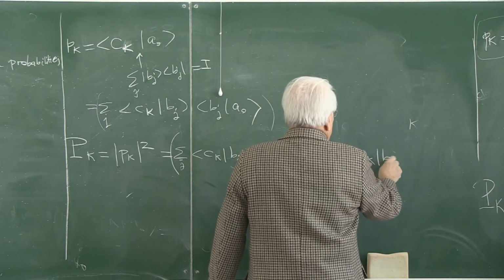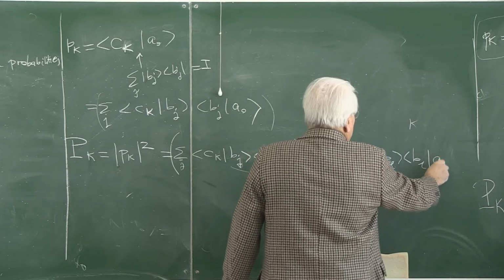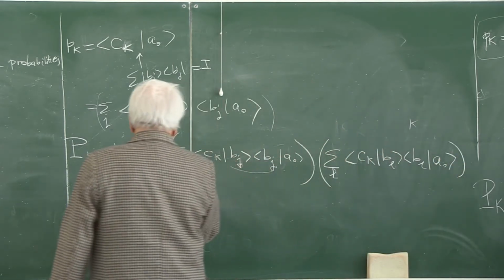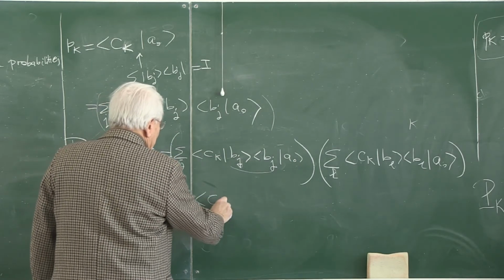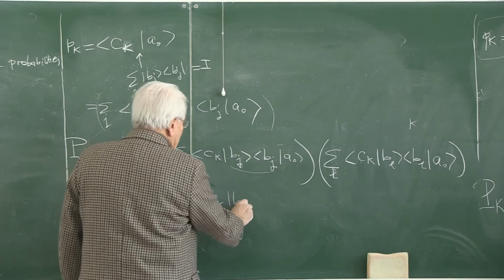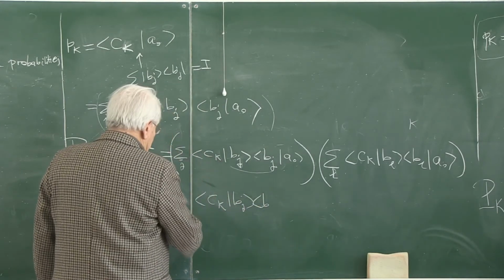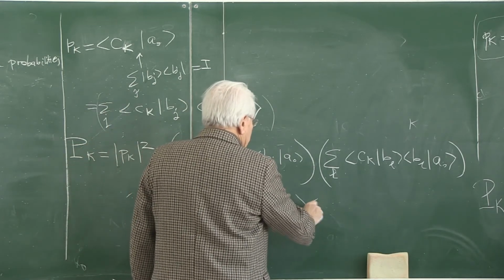CK, BL, A0. Or finally, this is sum over J, CK, BJ, sum over J and L together. BL, A0, CK.